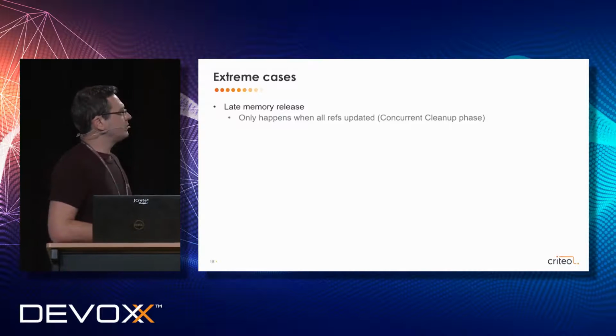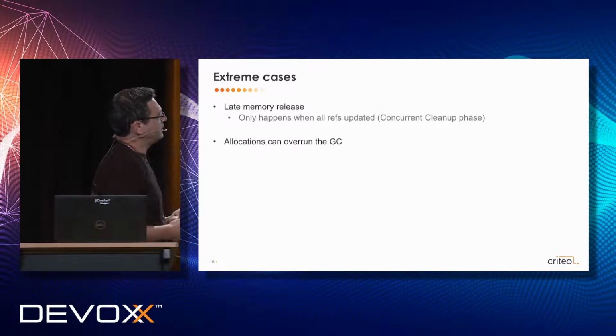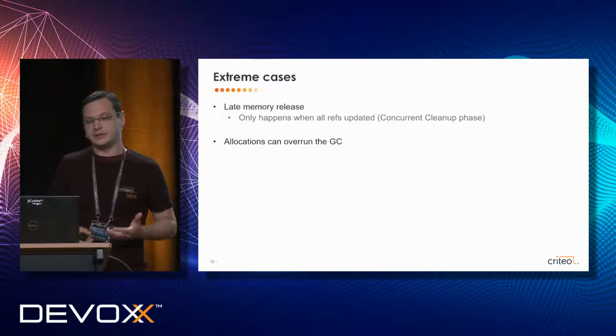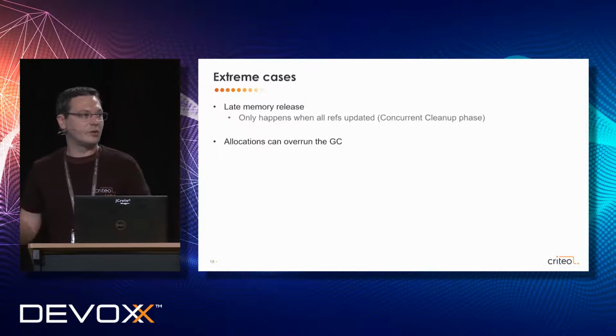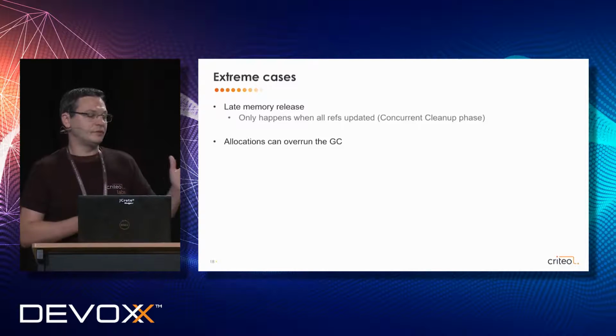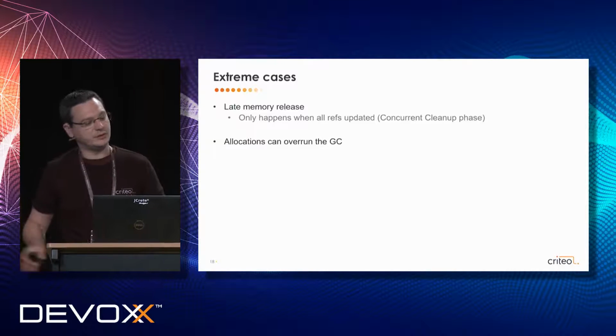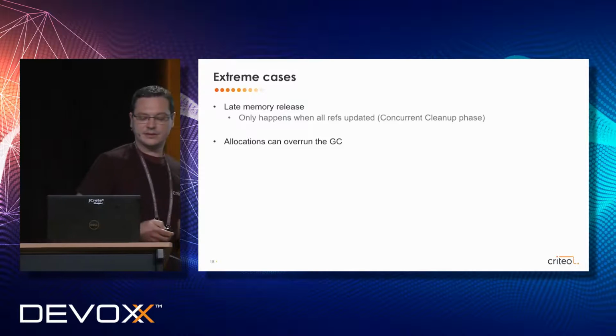So the release only happens at the concurrent cleanup phase at the end of the cycle. So we can have some allocation that overruns the GC because of the time to get to the end of the GC cycle.